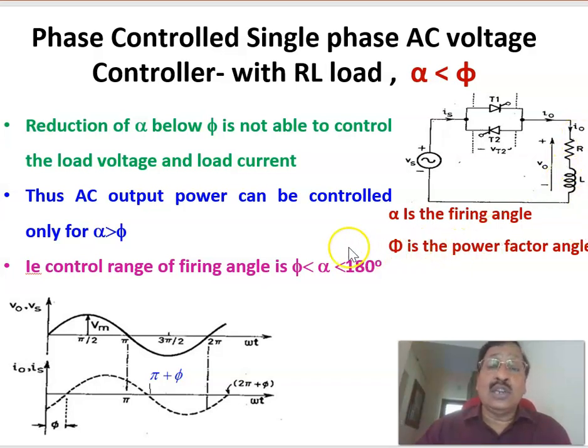It is not the case in a pure resistive load, but in an RL load, the constraint is that AC voltage control is possible only for a firing angle more than the power factor angle, and in between the power factor angle and 180 degrees, we can have control of the output voltage. Therefore, that is the effect of the power factor of the load and its control angles.